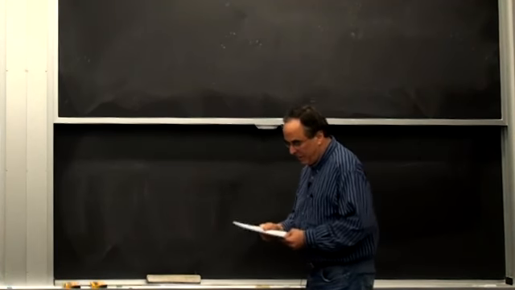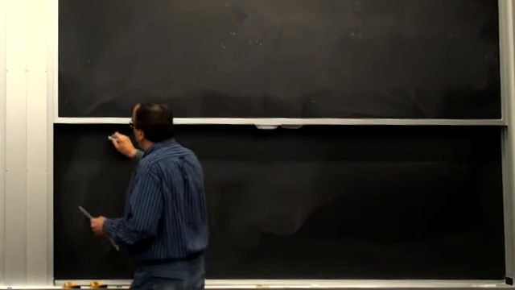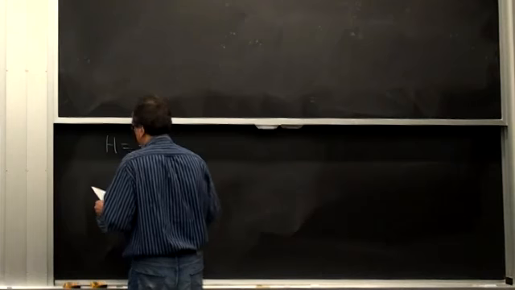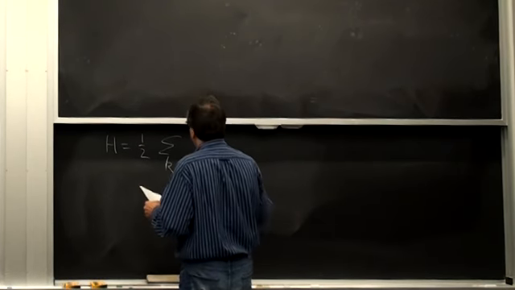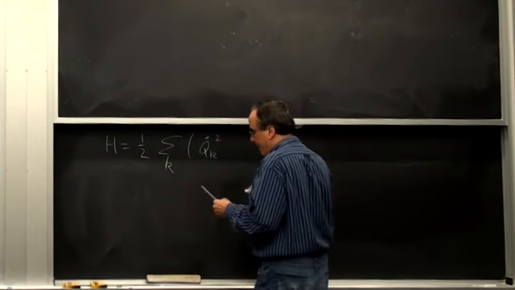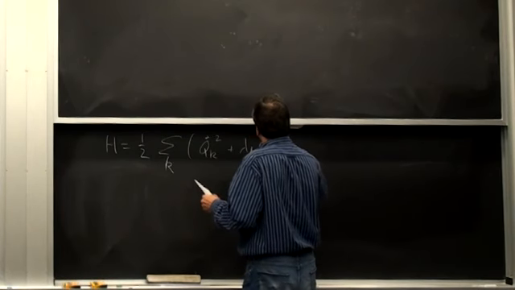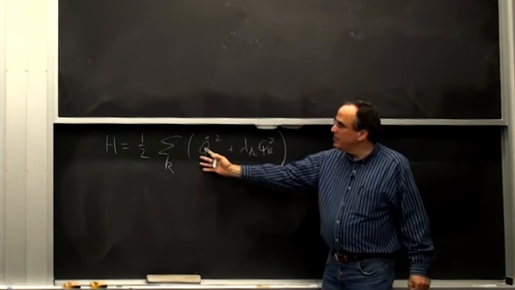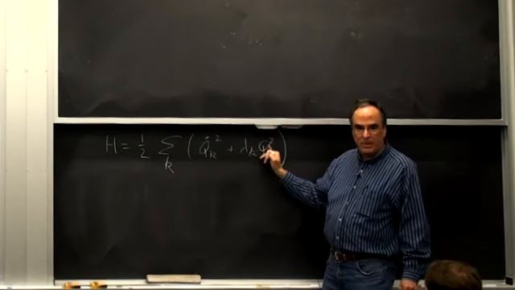Okay, so let's begin, and let me try to avoid overwhelming you with the many, many quantities that we deal with. Our goal is we want to write the Hamiltonian as two separable parts. This is the kinetic energy. There are no cross terms. This is the potential energy. There are no cross terms.